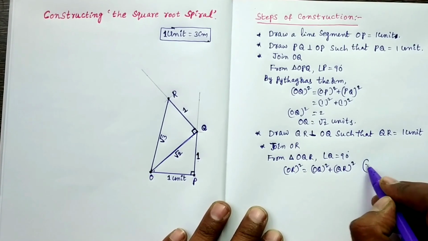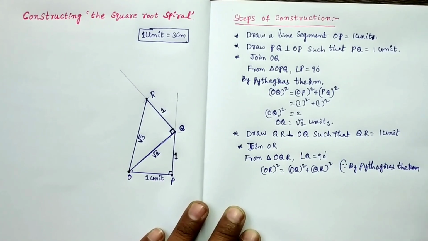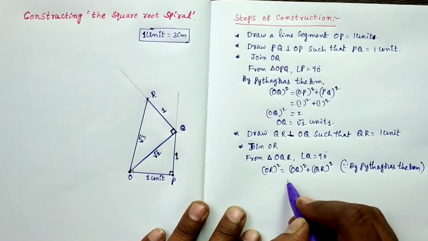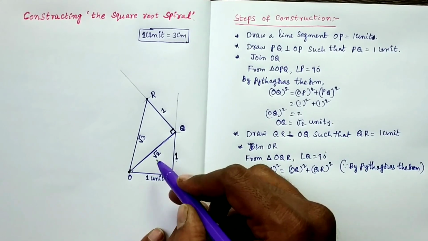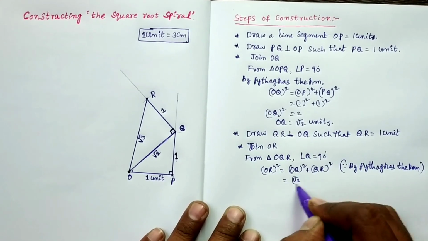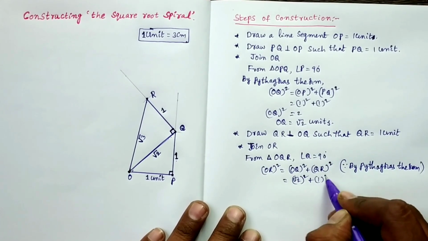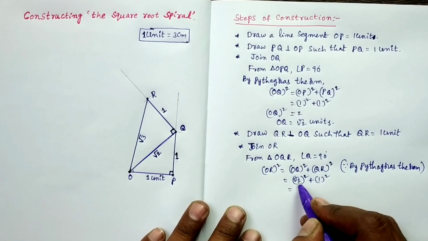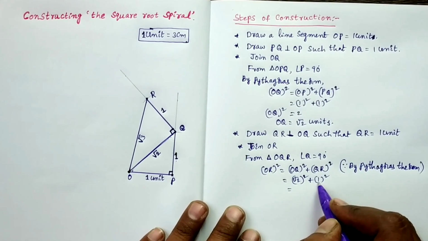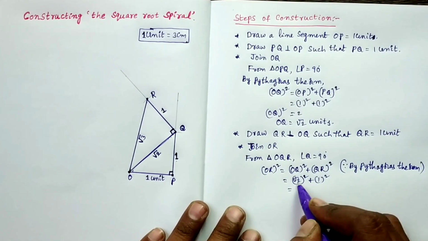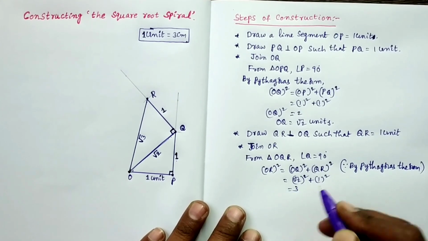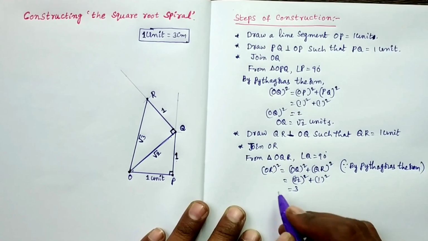So substitute these values. OQ length is square root 2 units plus QR length is 1 unit. Root 2 whole square is 2, plus 1 square is 1. So 2 plus 1, 3 units. OR square is equal to 3.